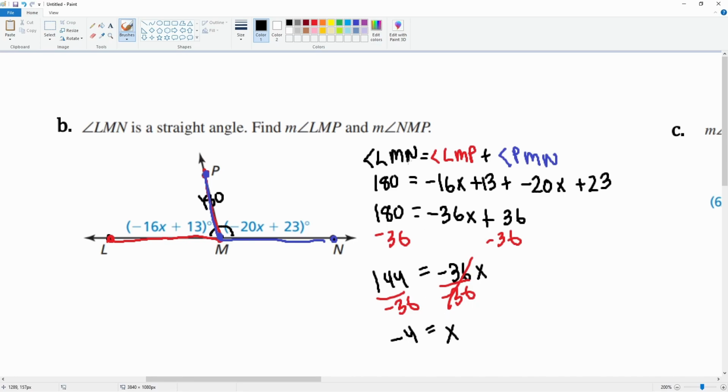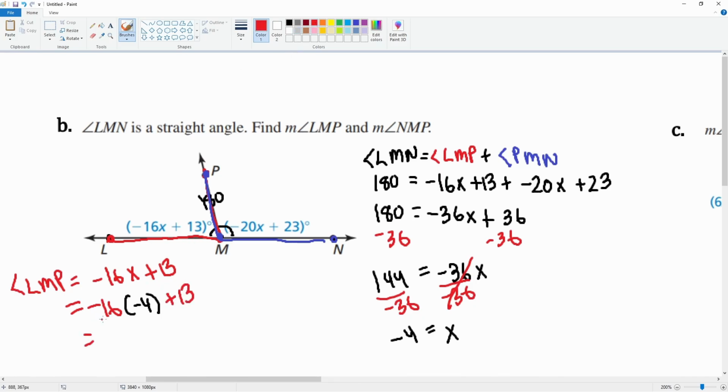We're not done. We're trying to solve for the angle. So let's rewrite the angle. Angle LMP is equal to negative 16x plus 13. We know what x is, so let's plug that in. Negative 16 times parentheses negative 4, plus 13.